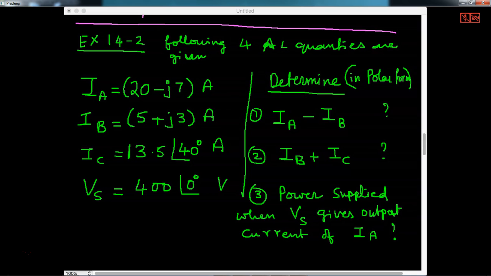Some of you have calculated the answers. So can someone give the answers for this? What is the value of first one? IA minus IB.